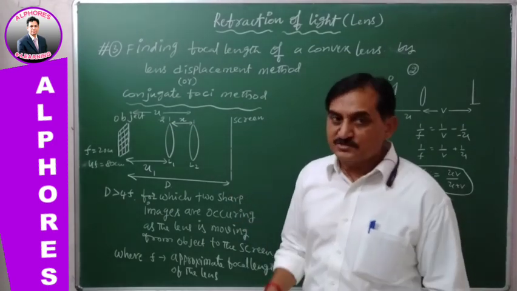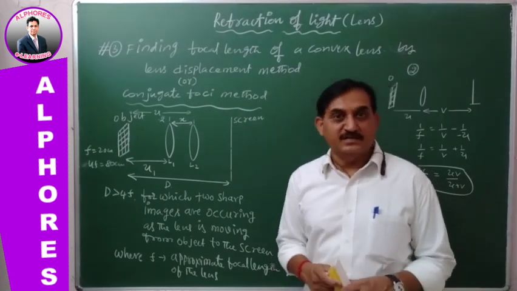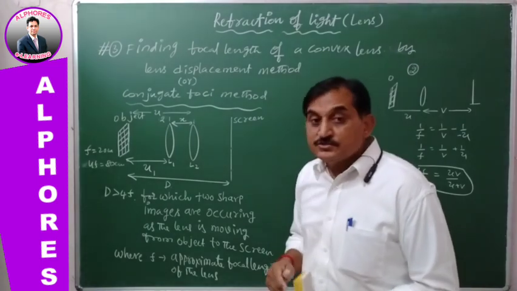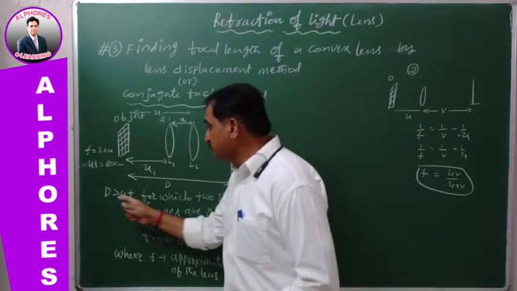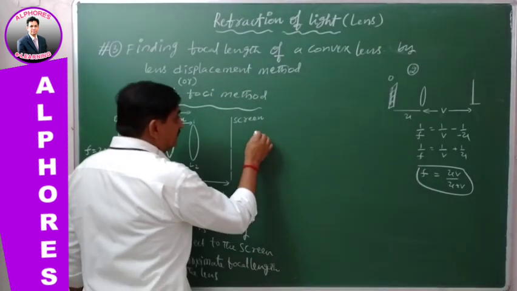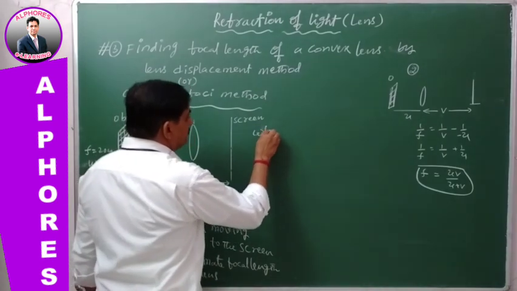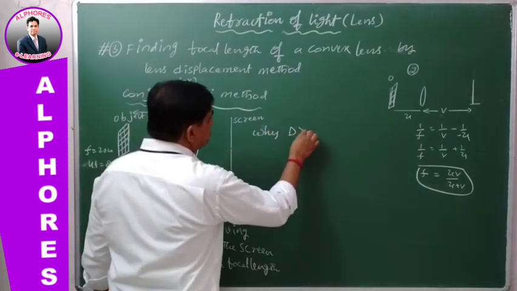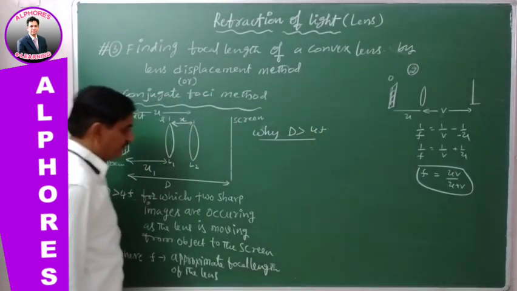Therefore there are two object distances for which sharp images occur on the screen. So how do we get it? For this purpose, we should take D greater than 4f. Why is D greater than 4f? Yes, we will take its proof.